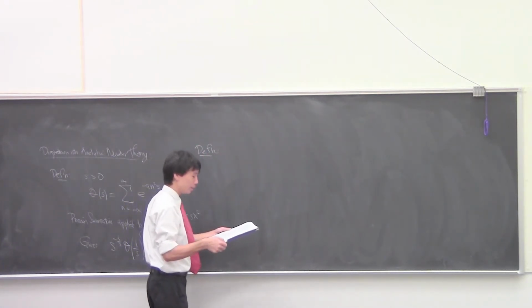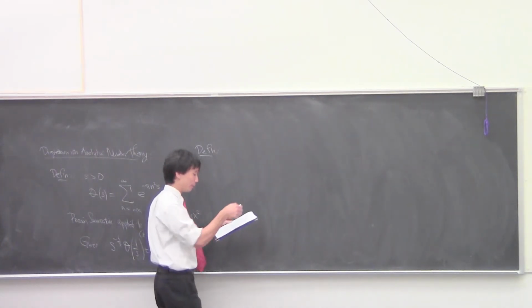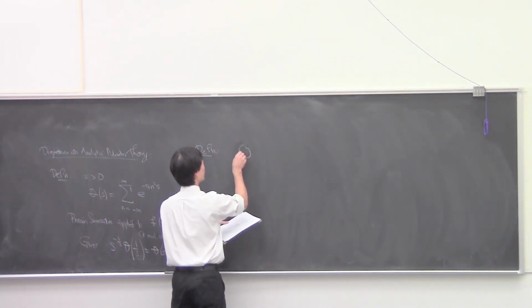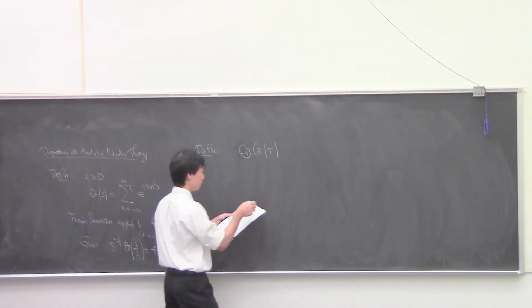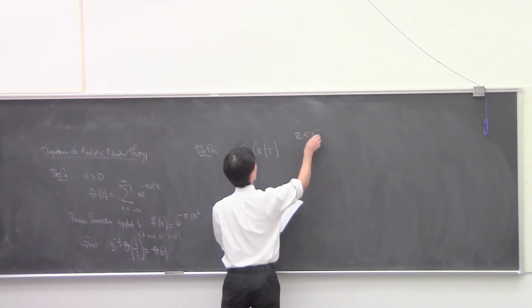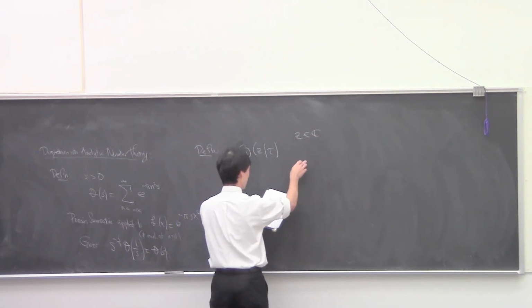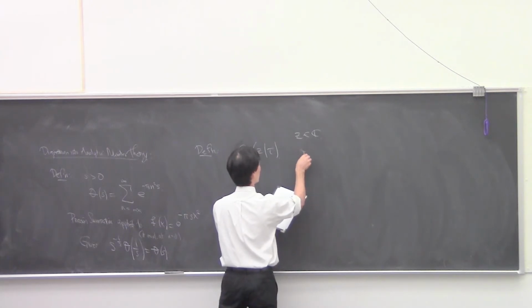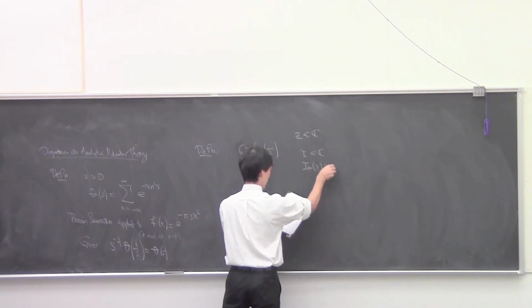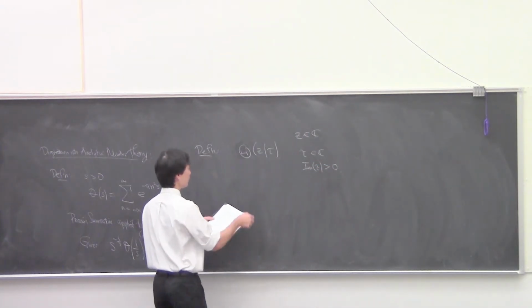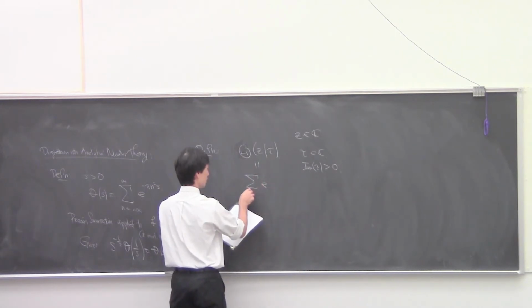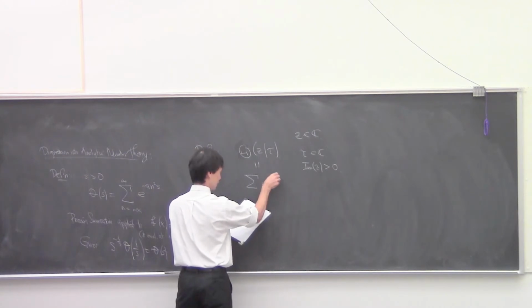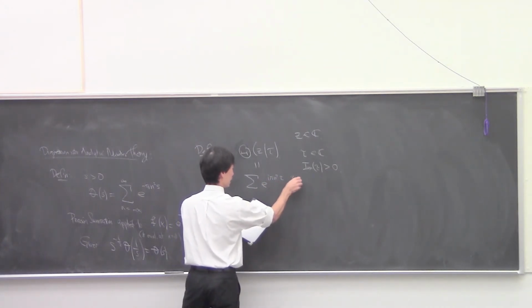So we also define something called a big theta function. Theta of z, tau, and this is for z a complex number and tau a complex number whose imaginary part is greater than 0. We define this theta function to be the summation over the same range of e to the i n squared tau, times e to the 2 i n z.